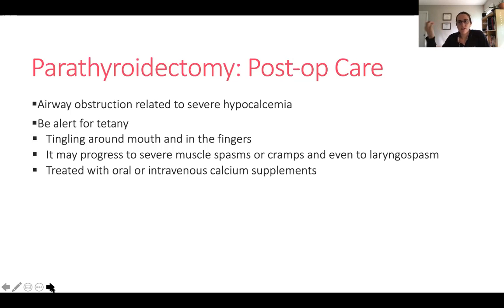And like we talked about, laryngospasm constricts the airway and it's very dangerous and life-threatening. So if they show those early symptoms of tingling around the mouth and the fingers, you want to call the doctor right away, so they'll prescribe calcium, either IV or oral, to treat that.